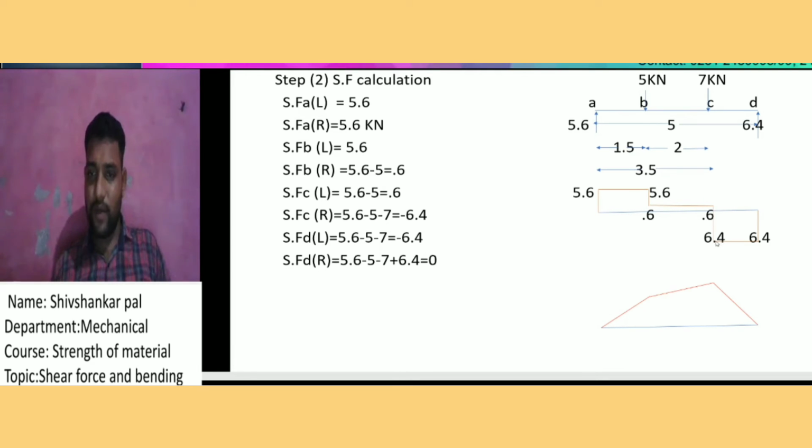So minus 6.4 continues to just left of point D. At point D, going to the right-hand side, I apply plus 6.4 and it cancels, and finally at point D our shear force is 0. So that is our shear force diagram.